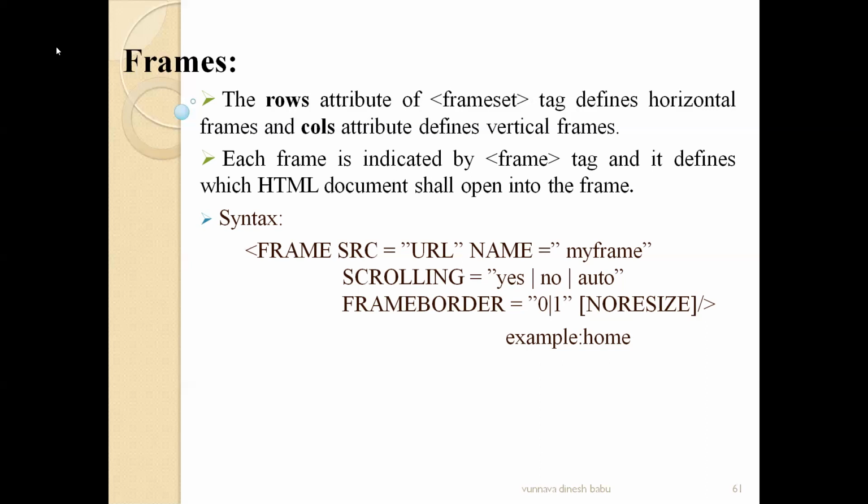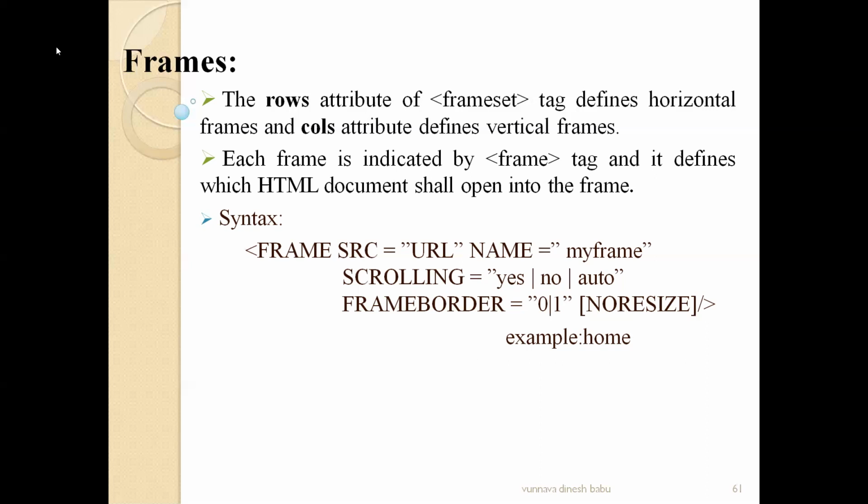So let us discuss each and every attribute that we have displayed on this slide. So the frame tag is used to insert an HTML document in a frame, right? So that frame tag contains the following attributes. The names of those attributes are SRC, name, scrolling, and frame border, right?